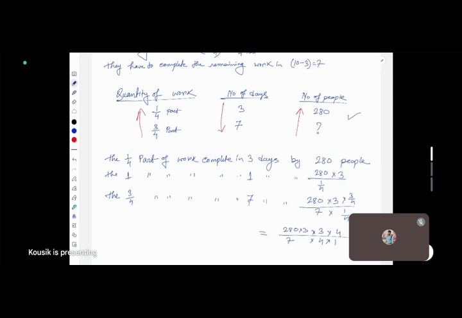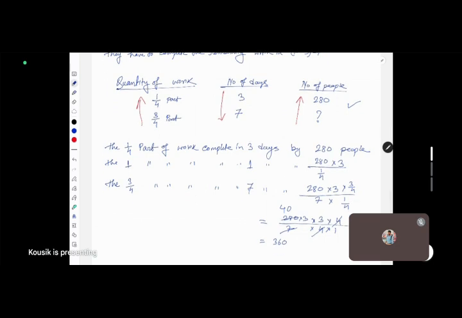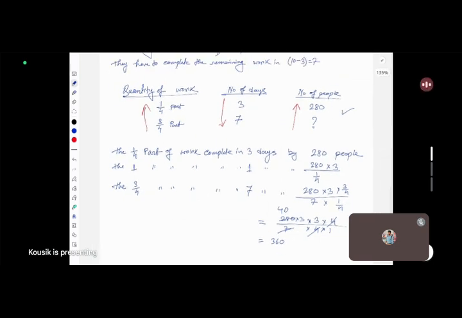স্যার 360, আমার লেগেছে 360। So how many extra workers he needed? So there are 280 pupils already there, but he now needs 360 pupils. So how many extra pupils he needed?